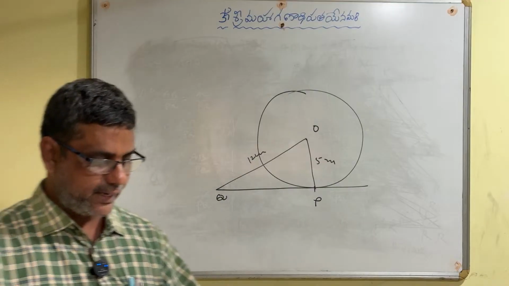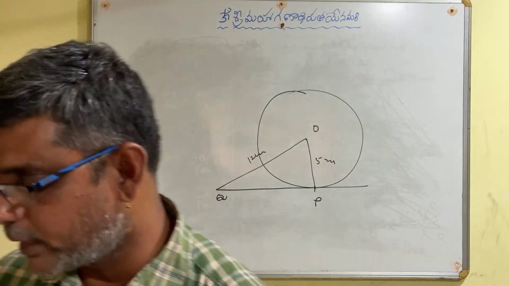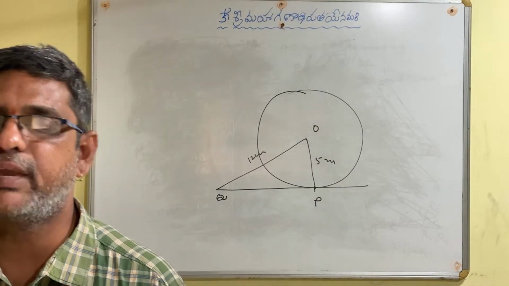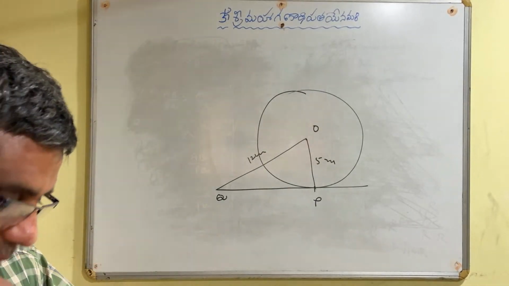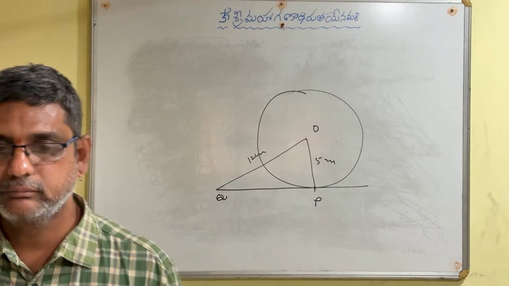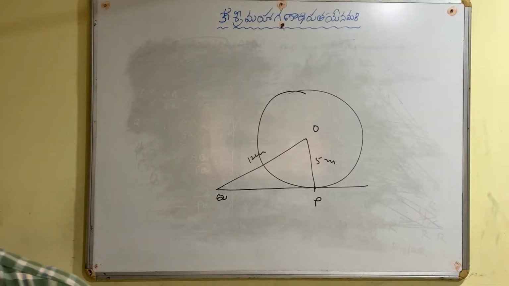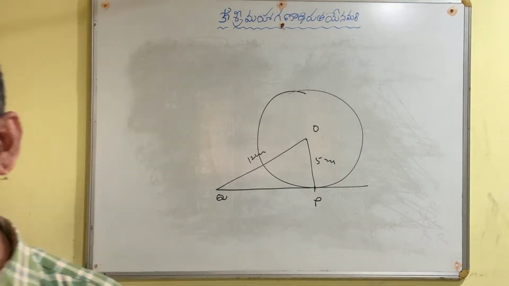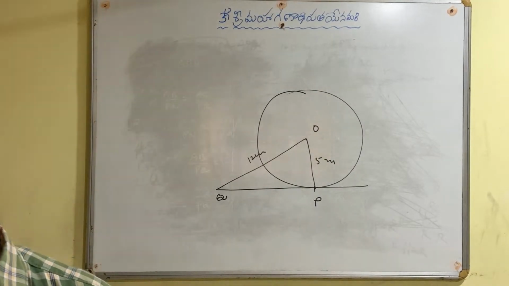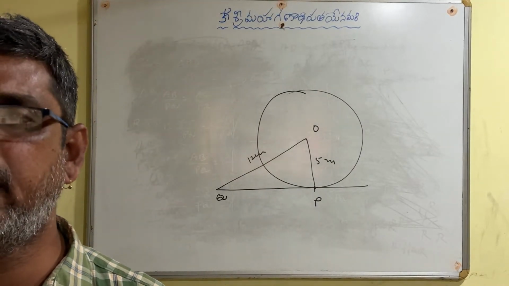And we need to find the length of PQ. How to do it? Anyone? Pythagoras theorem. Pythagoras theorem must contain a right angle, okay?